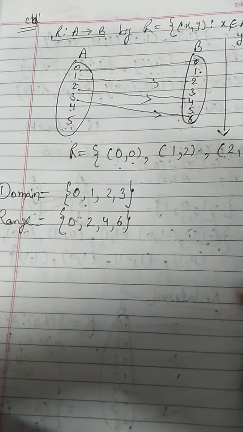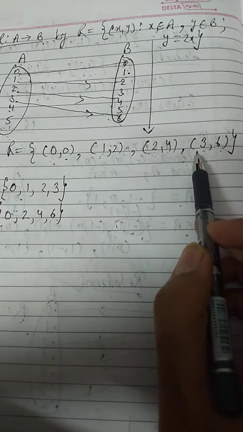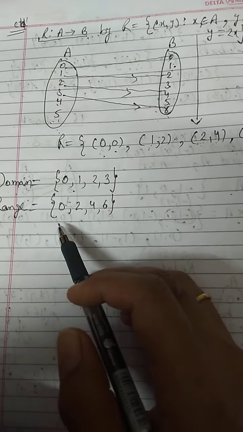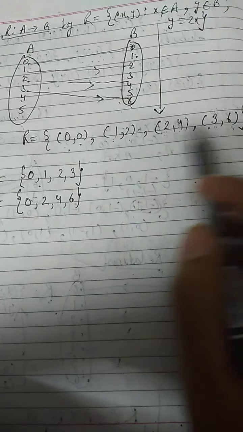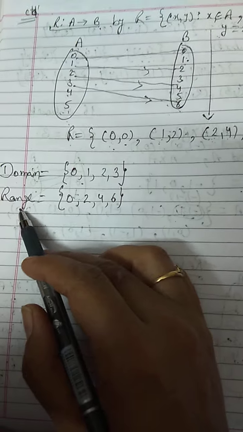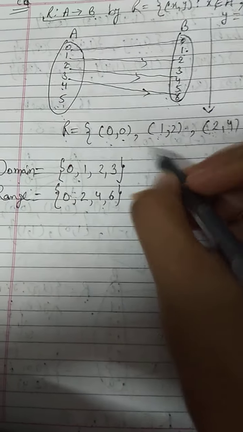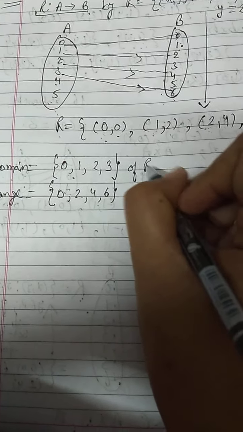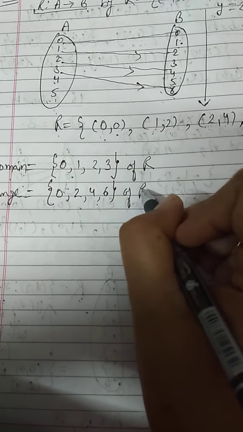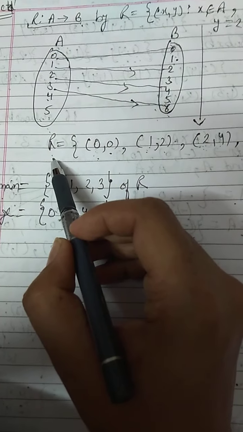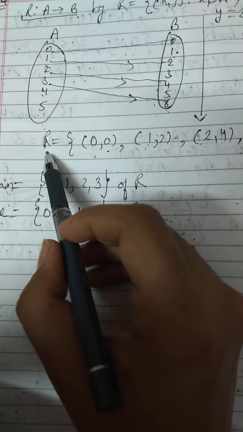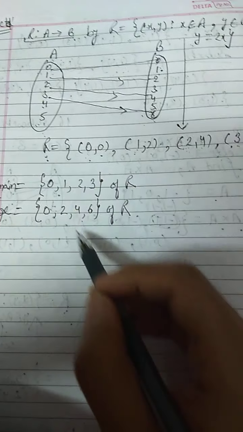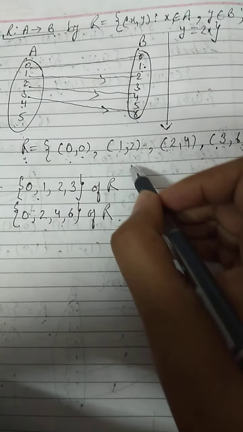The collection of first elements of ordered pairs is called domain, and the collection of second elements of all the ordered pairs of the relation is called range of the relation. So this is domain of R, and this is range of R, and what is this R representing? R is a relation.